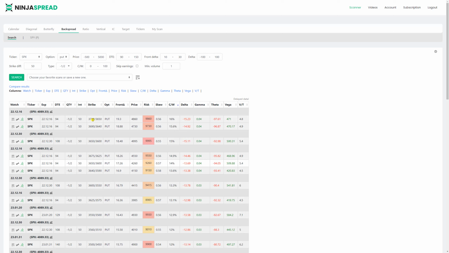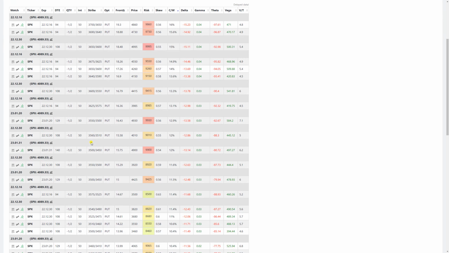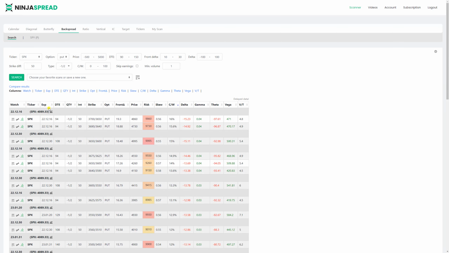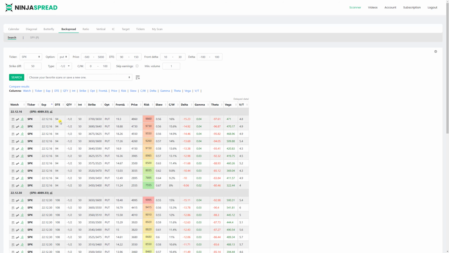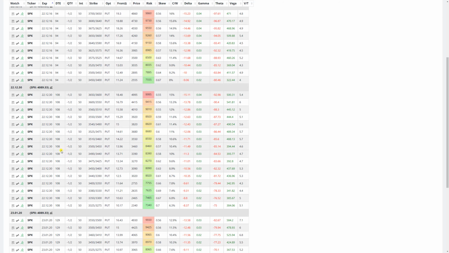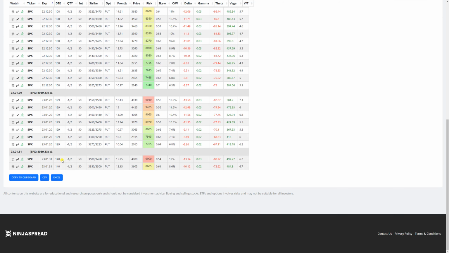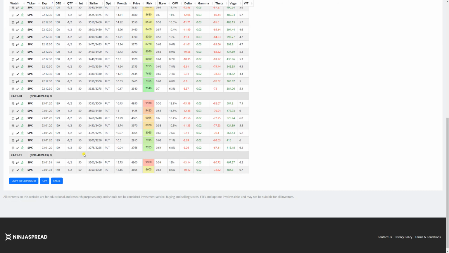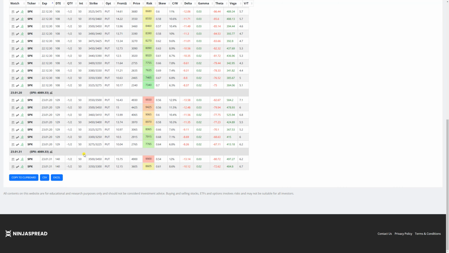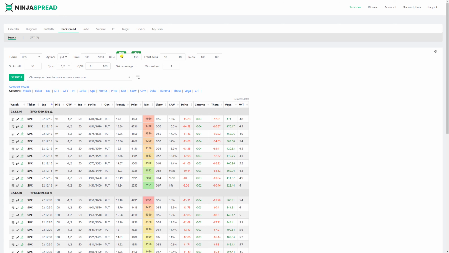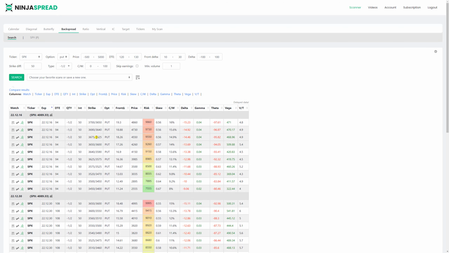So right now what you see here is 50 wide back spreads for different expirations. If you click on expiration, you see 94, 108, 129 and 140 days. Let's stick with, for example, 129 and search that more extensively.